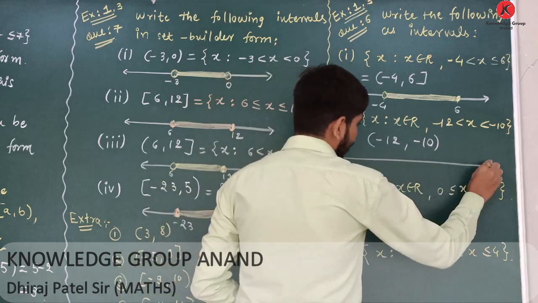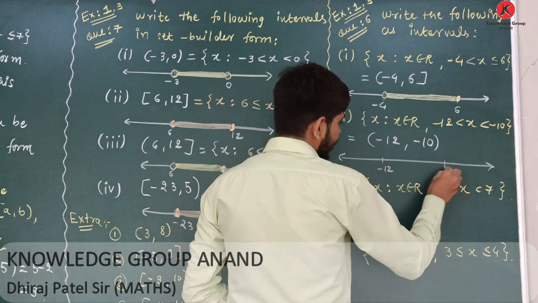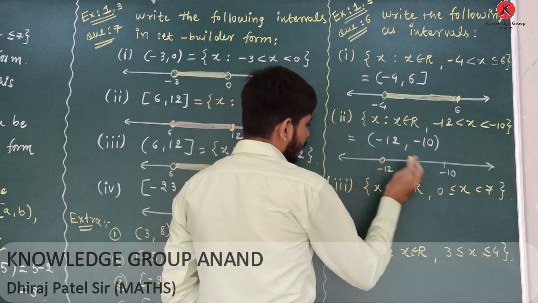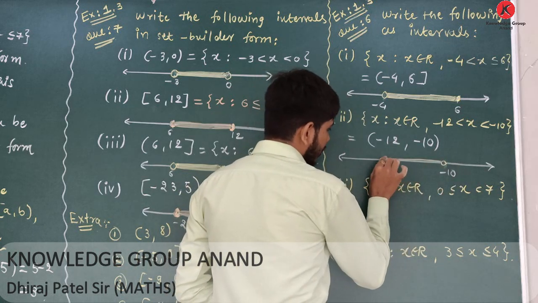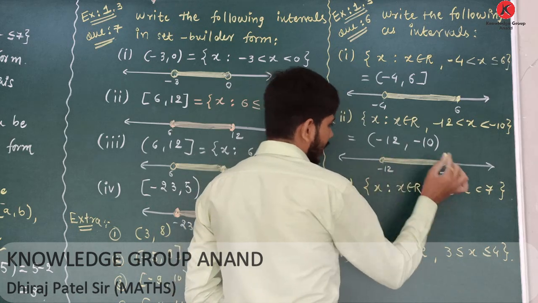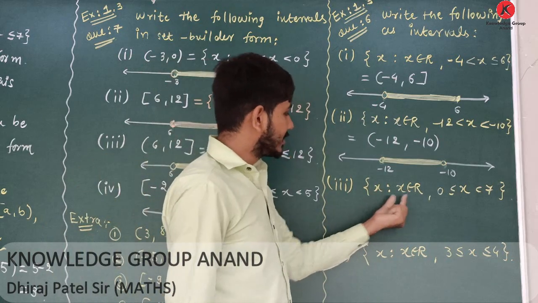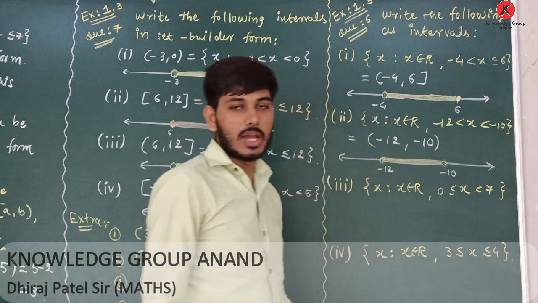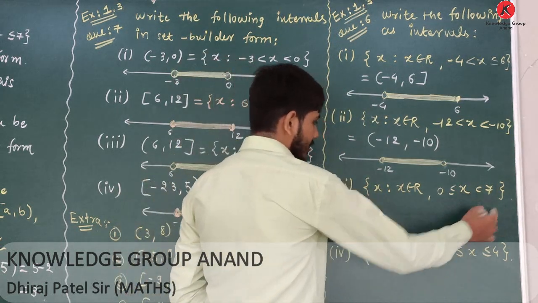Okay, on the number line you can represent -12 and -10 here. Here both are not included, therefore put hollow circle on both sides, and all the real numbers lie between -12 and -10. Okay, next one, the third one, x such that x belongs to R, 0 ≤ x < 7.